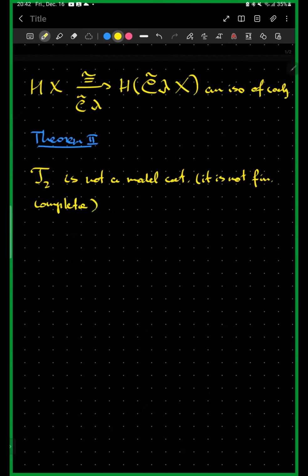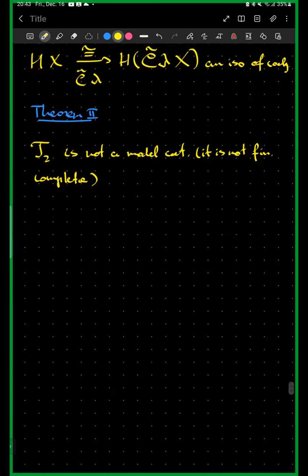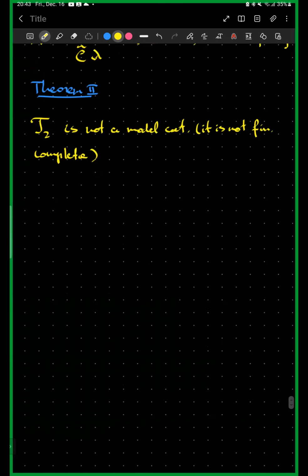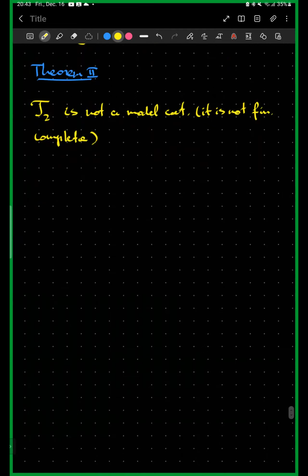Because you can, for example, take a loop space as a limit of an appropriate diagram where each object is simply connected, and the loop space will not be simply connected. So, of course, T2 is not a model category. However, all other categories can be easily endowed with the structure of a model category.